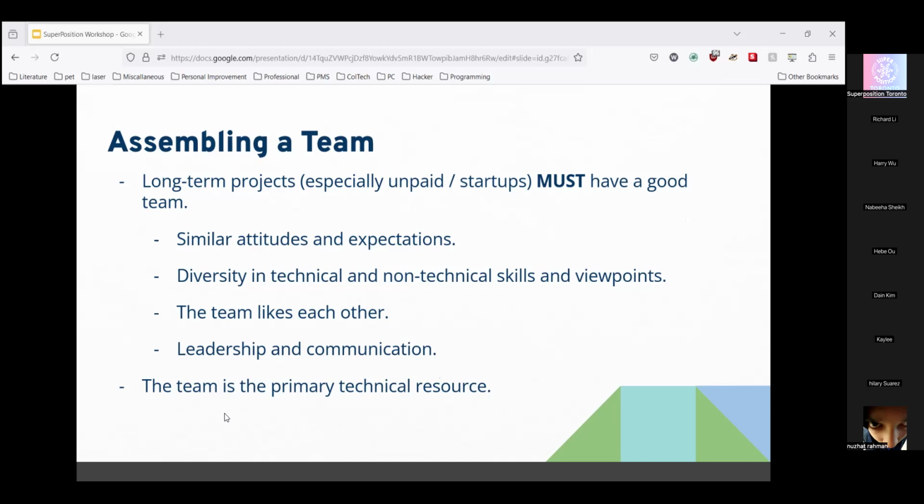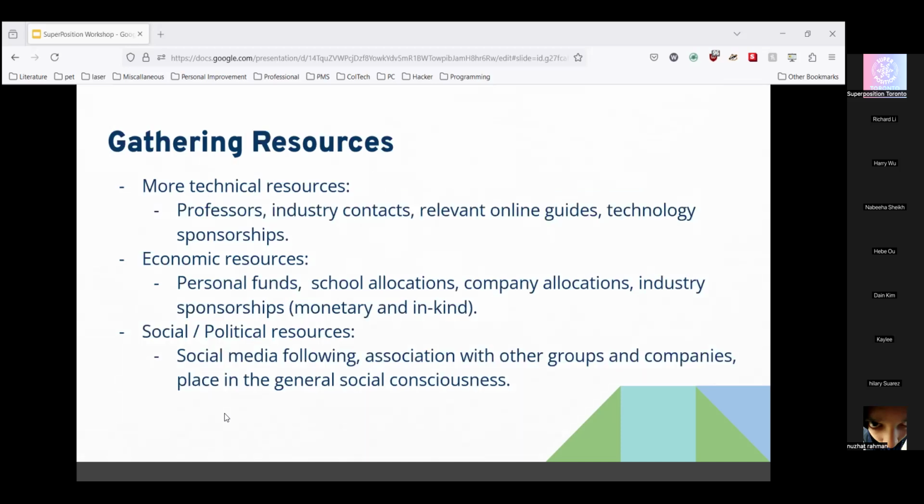So the team will be your main technical resource at your disposal. And what do I mean by technical resources? These resources fall into several categories. This is mostly to give a general idea of what's possible. Again, these are a bit arbitrary. This is how it makes sense to me. There's technical resources, which are any form of technical information, skills, or technology available to the team to solve a problem.